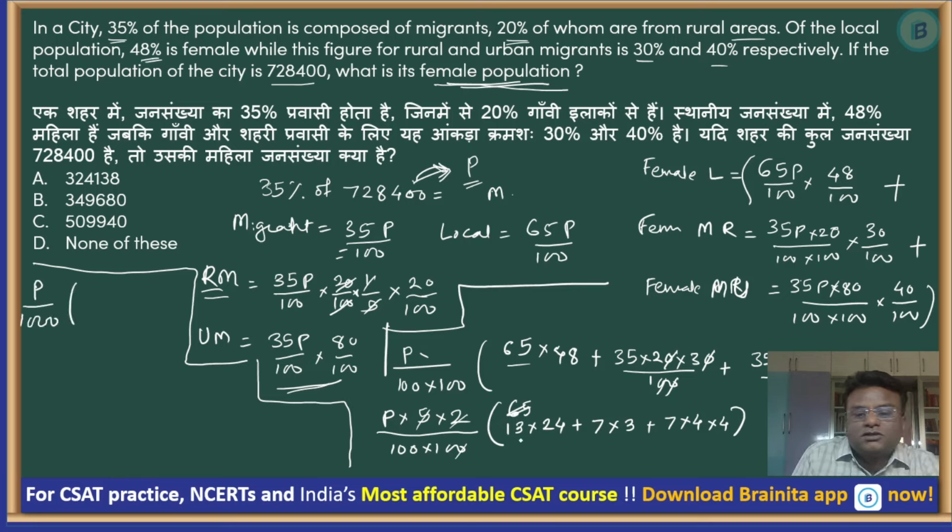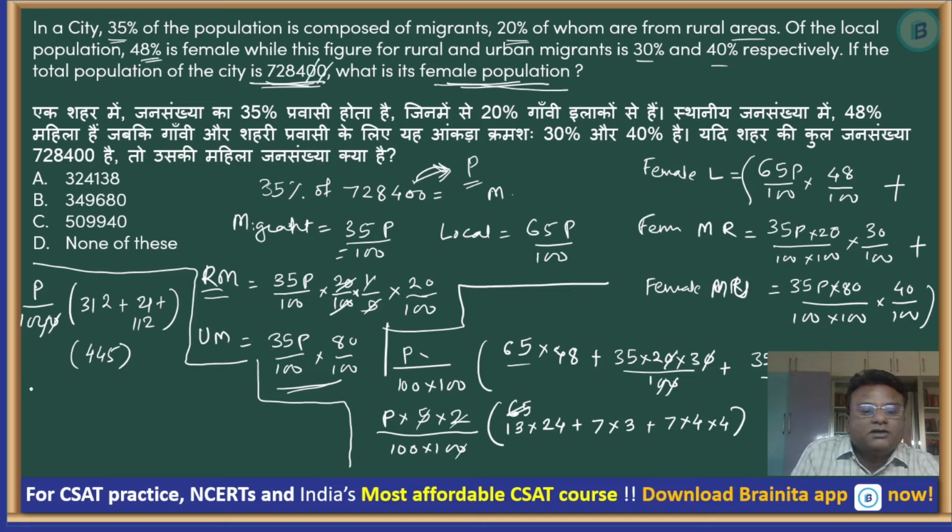Now this is 13 into 24, 312, plus 21 plus 112, that is 445. P is what? P is 7,28,400, so it is divided by 1000. These two I will cancel with these two.